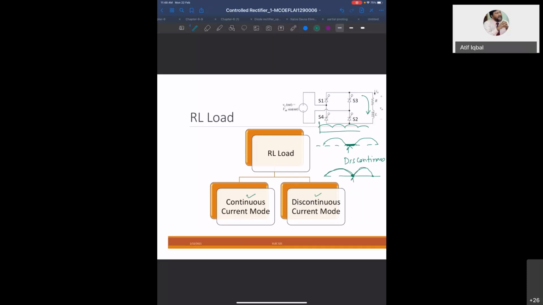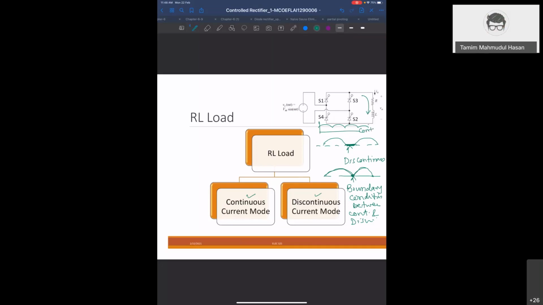This is called the boundary condition between continuous and discontinuous. Do you understand what I mean to say? What is the boundary condition, what is discontinuous, and what is continuous?